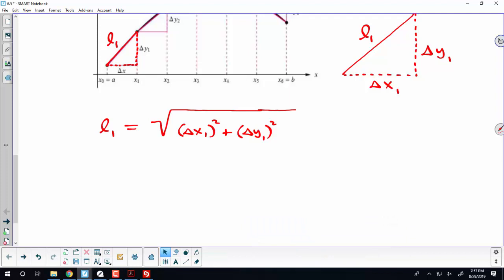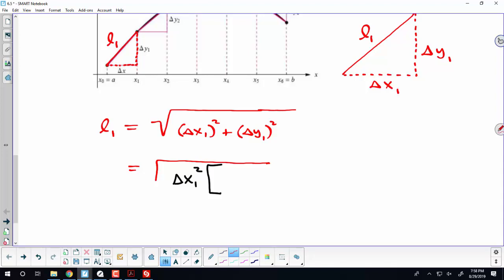So what we're going to do is inside the radical, we're going to factor out a delta x1 squared from both terms, out of delta x1 squared and delta y1 squared.